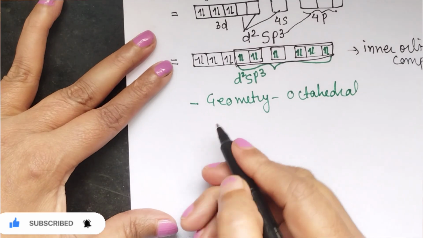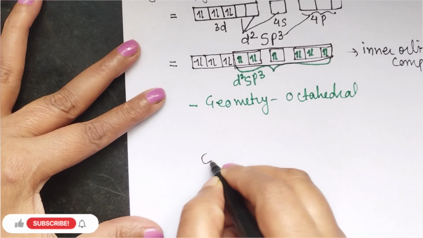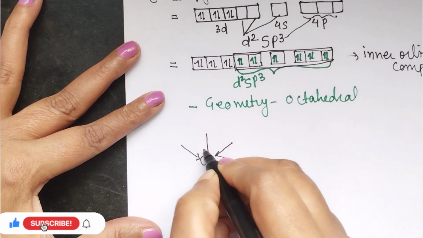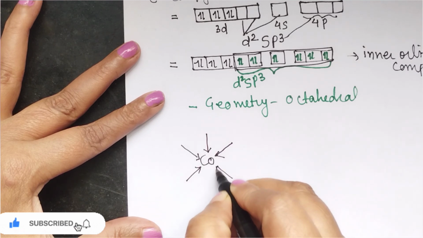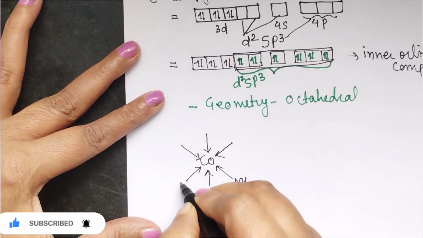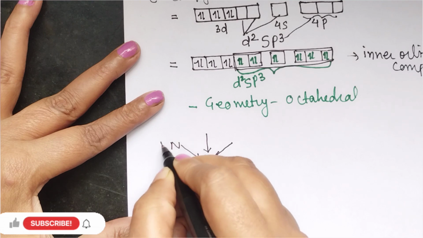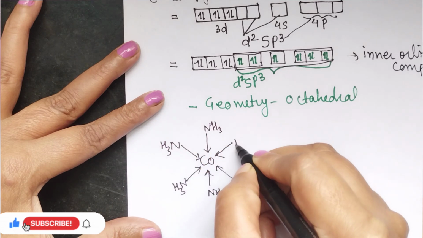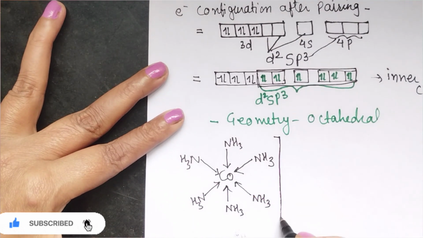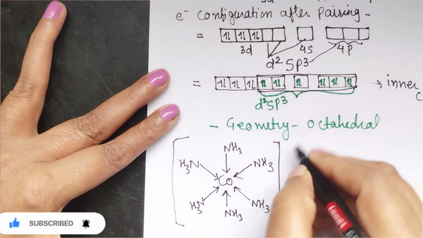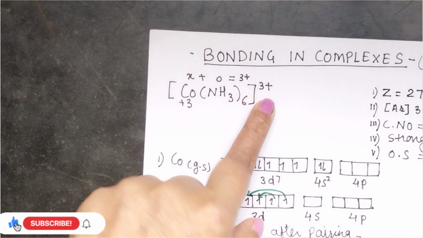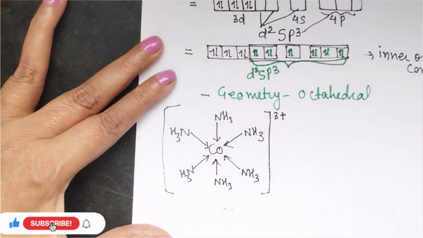So for the expected geometry, you have to draw the metal at the center and draw the 6 ligands in the octahedral shape like this. The complex will be enclosed in a square bracket, and you have to put a 3 plus charge on the complex because there is a plus 3 charge. So this is the geometry which is octahedral.